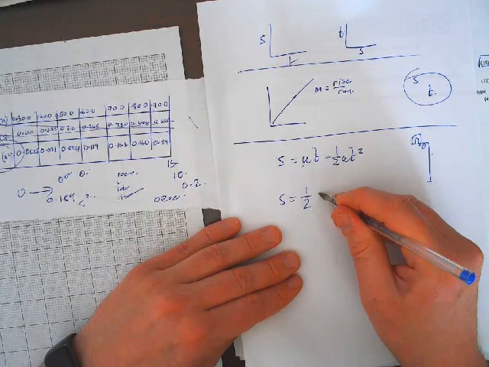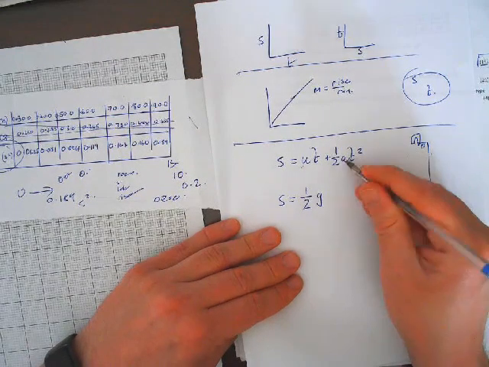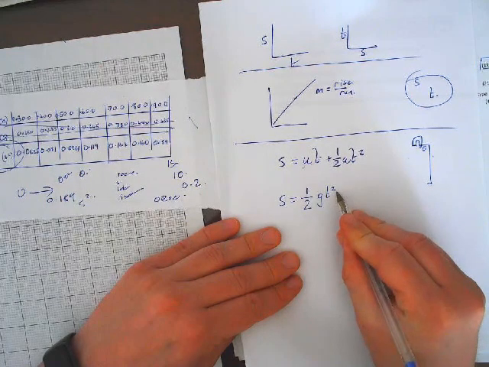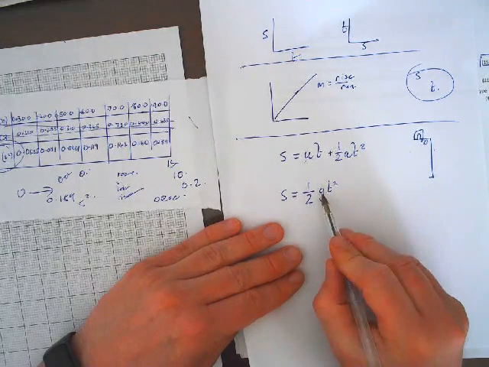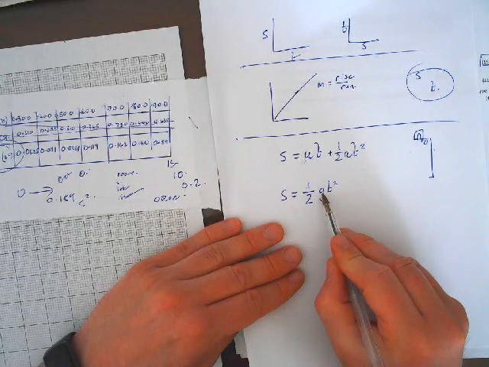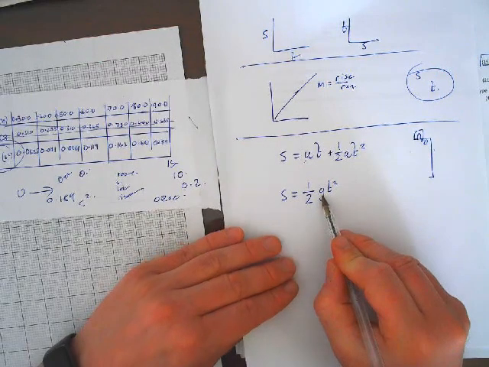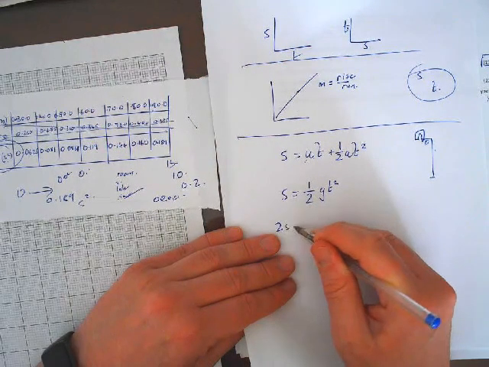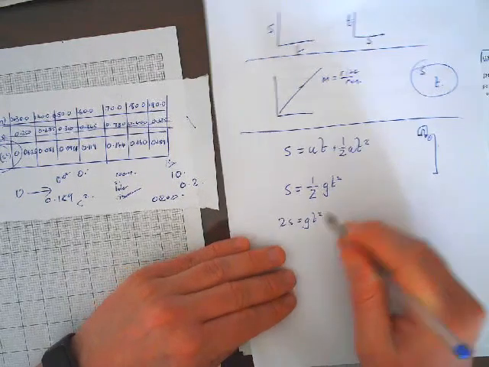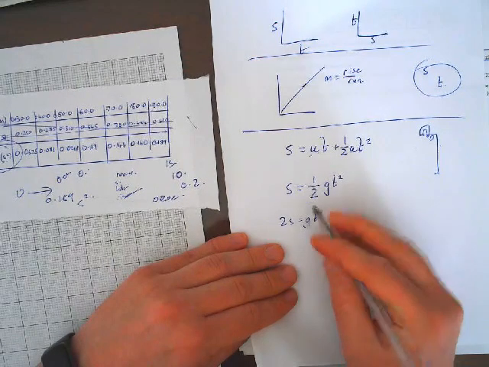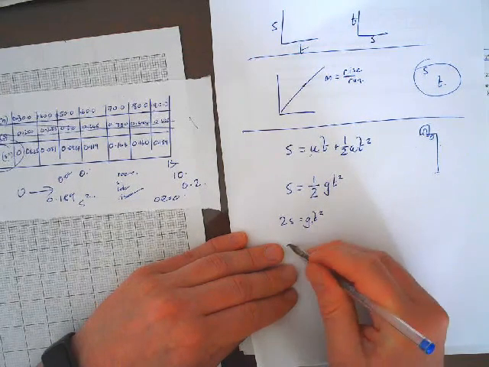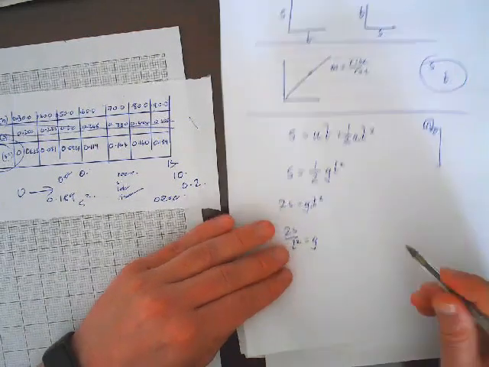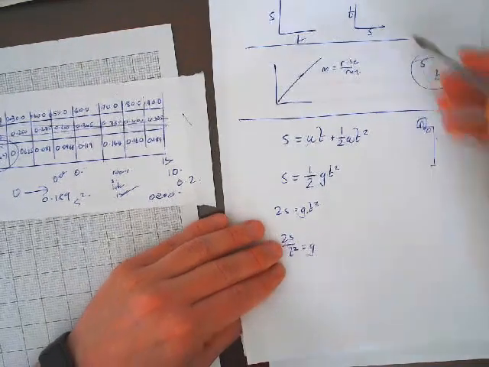Now I'm going to write, instead of a, because we're looking for acceleration due to gravity, the little g instead of a. Same thing, but in relation to Earth, multiplied by the square of time. Okay, let's rearrange this. We're looking for the acceleration due to gravity, so let's get that on its own. I'm going to bring the 2 across, giving me 2s is equal to g t squared. And now we're looking for g on its own, so bring the t squared across, divide by here. 2s over t squared is equal to g.